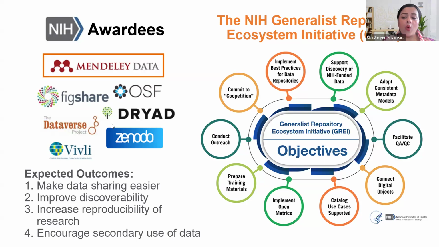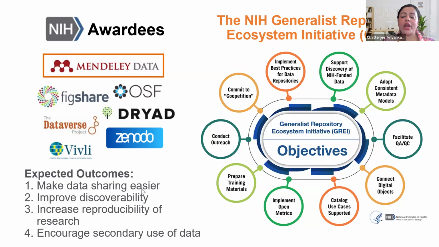When NIH launched this program to identify the different free data repositories, the ones that got awarded are Mendeley Data, Figshare, OSF, Dryad, Zenodo, Vivli, and Dataverse. And what was the expected outcome?